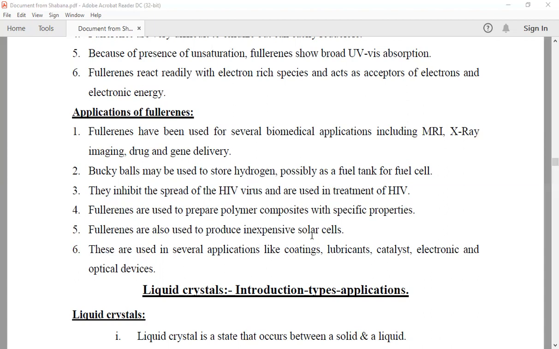That's why it finds its application in solar cells. And they are used in several applications like coatings, lubricants, catalysts, electronic and optical devices.